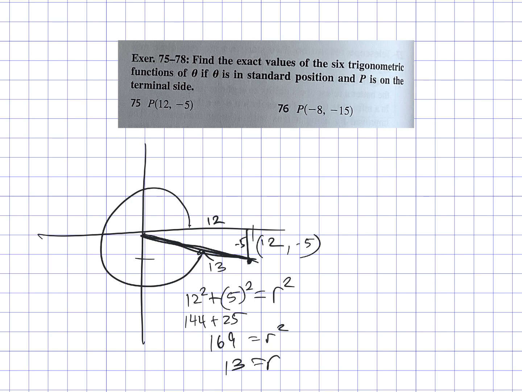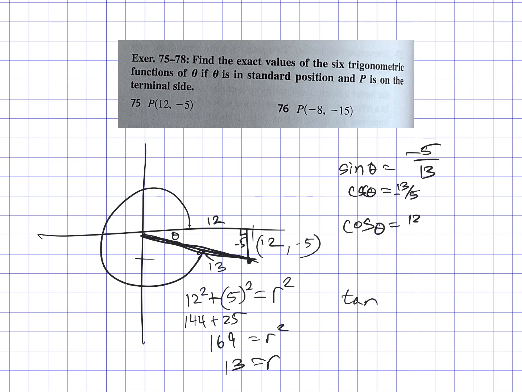Now that we have our right triangle, we can do our 6 trig functions. So sine, cosine, and tangent. The sine of theta is equal to the opposite leg over the hypotenuse, and the cosecant is the reciprocal of that, negative 13 over 5.